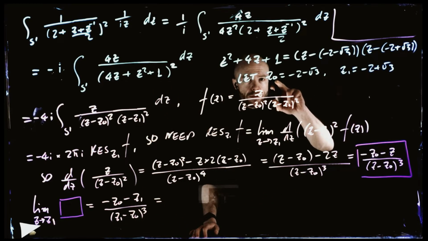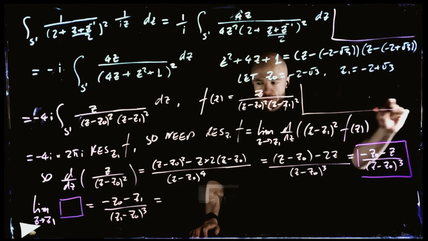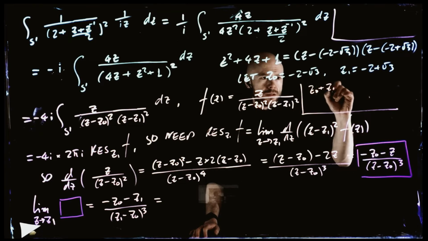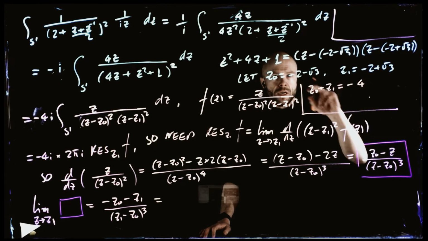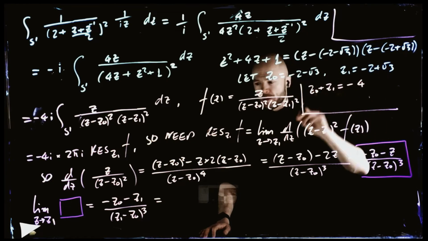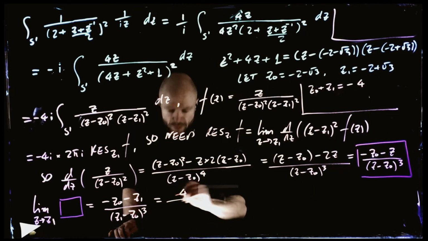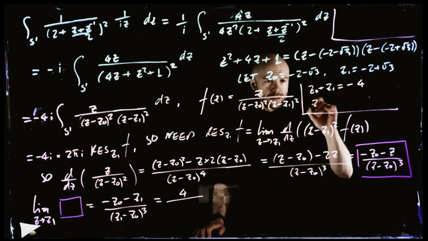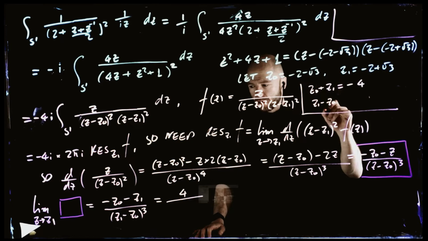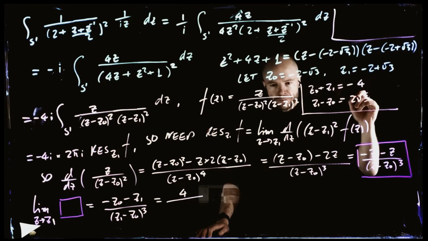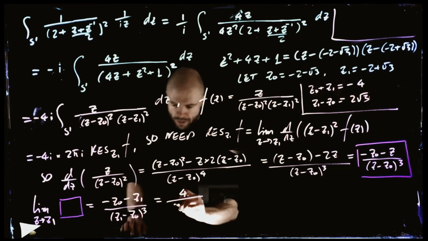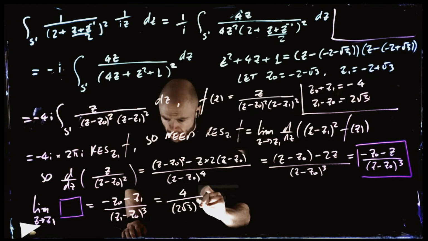This is z0 and this is z1, so z0 plus z1 is equal to just minus 4, because the roots will cancel. So minus this will just be 4. So we have 4 on the top. And z1 minus z0: z1 is this thing, and we subtract z0. We are going to have just 2 root 3. So on the bottom here, 2 root 3 to the power 3.